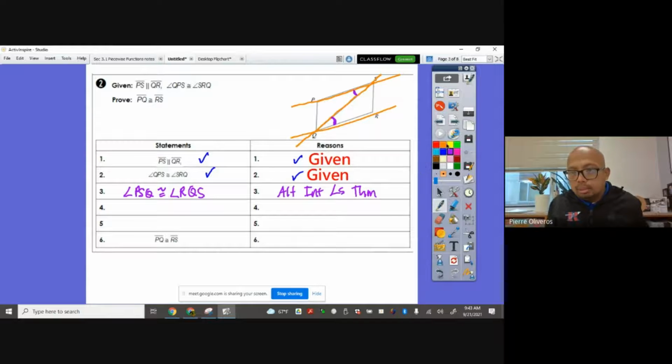And part of the given is saying that QPS, this angle here, is congruent to SRQ, this angle here. So I have an angle and an angle. We need one more.